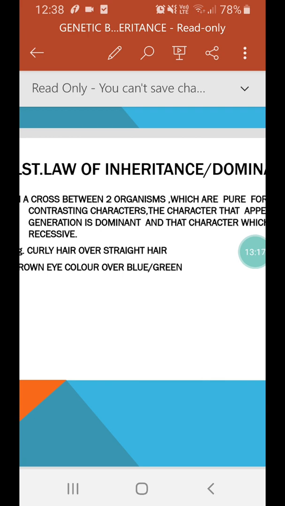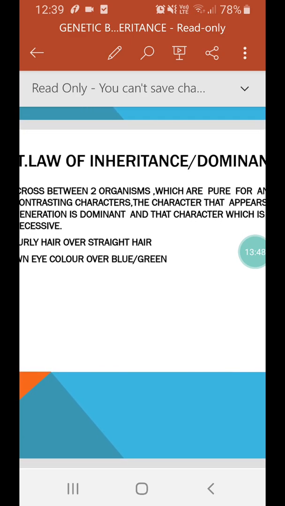So each character is controlled by a pair of factors, and when it is a pair of dissimilar factors, only one factor expresses. Means here one factor is dominant and the other is recessive. That's why the monohybrid cross is an example of the law of inheritance, that is the law of dominance.